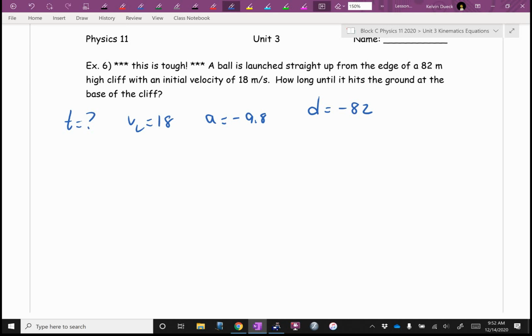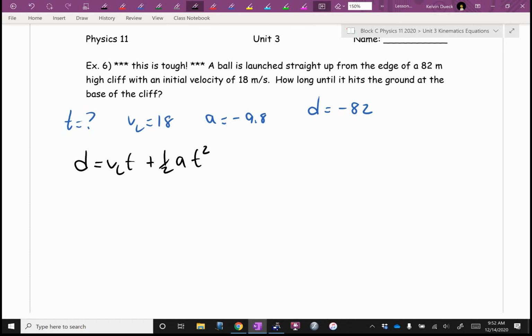I'm looking for an equation that's got a T, a VI, an A, and a D in it. There is one. Which one? Caden, loud and proud. If I plug in, first of all, here's the problem. What do I want to get by itself?